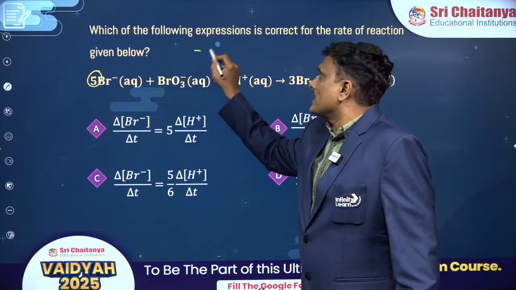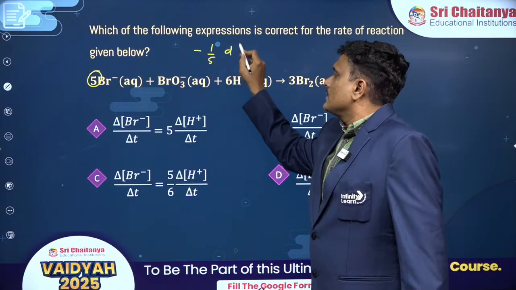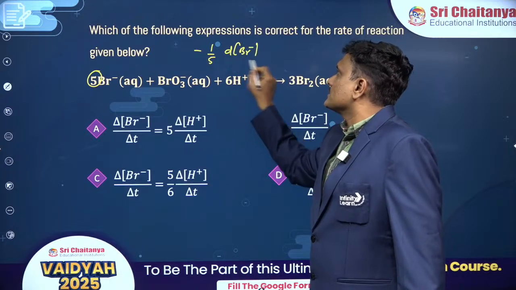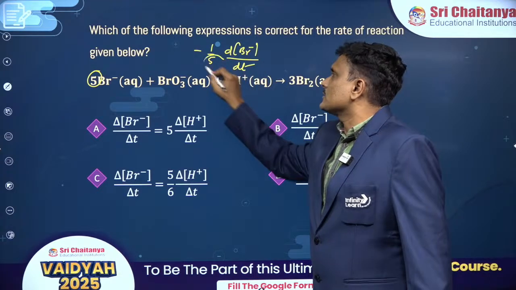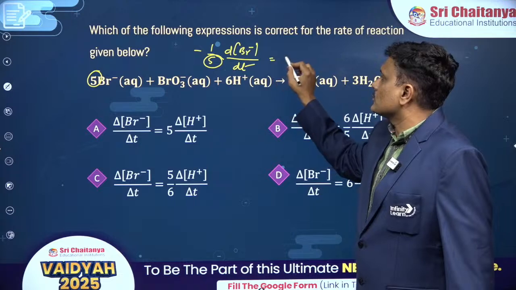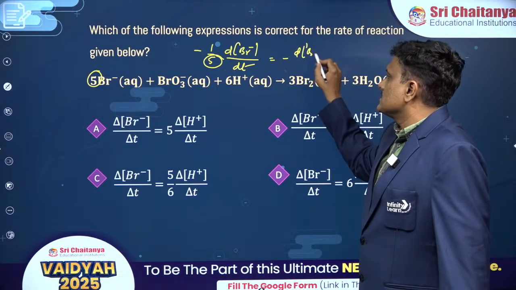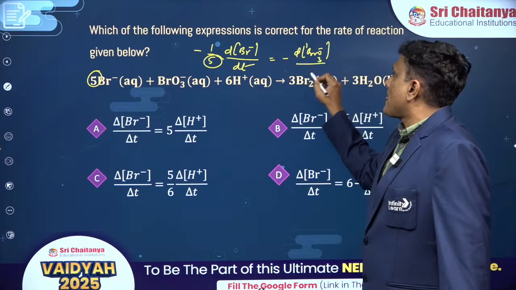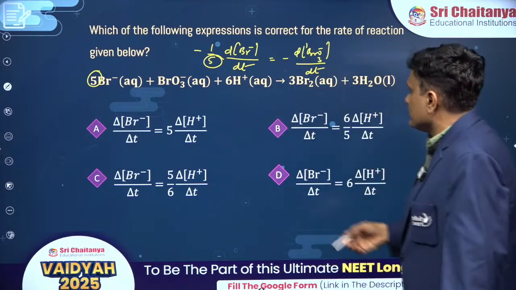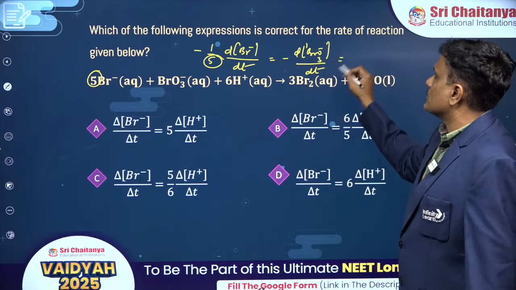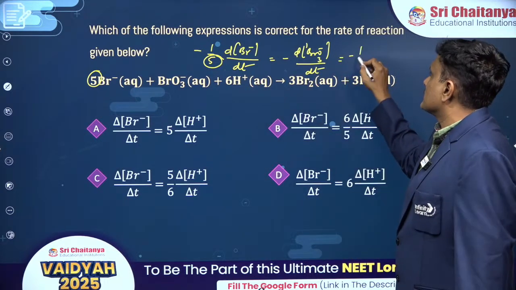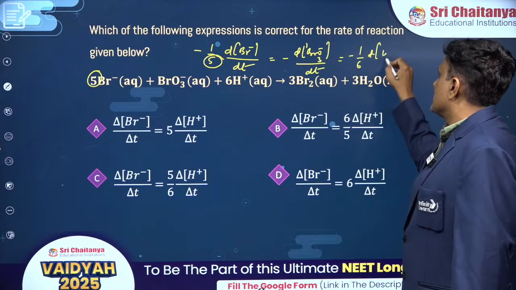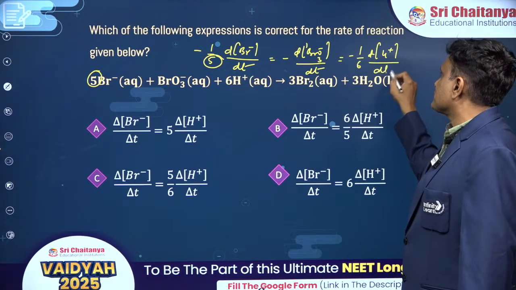So minus 1 by 5 d[Br⁻]/dt, inverse with stoichiometric coefficient, is equal to minus d[BrO3⁻]/dt, because mostly it is expressed in terms of H⁺ also, minus 1 by 6 d[H⁺]/dt.